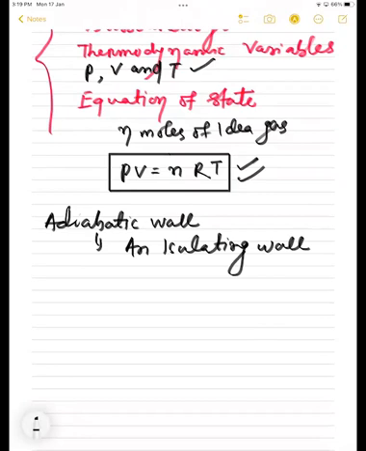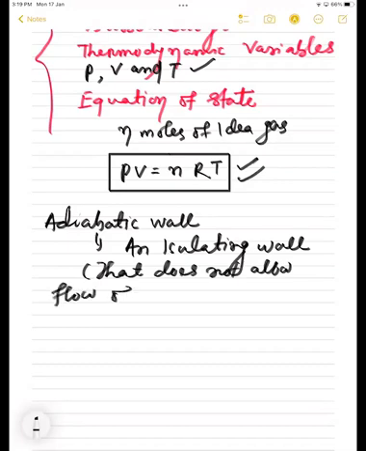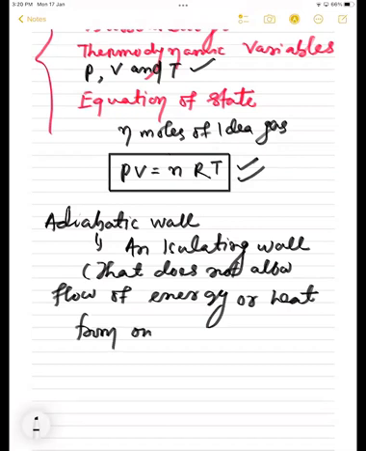An insulating one means that does not allow flow of energy or heat from one to another, right? Yes or no?